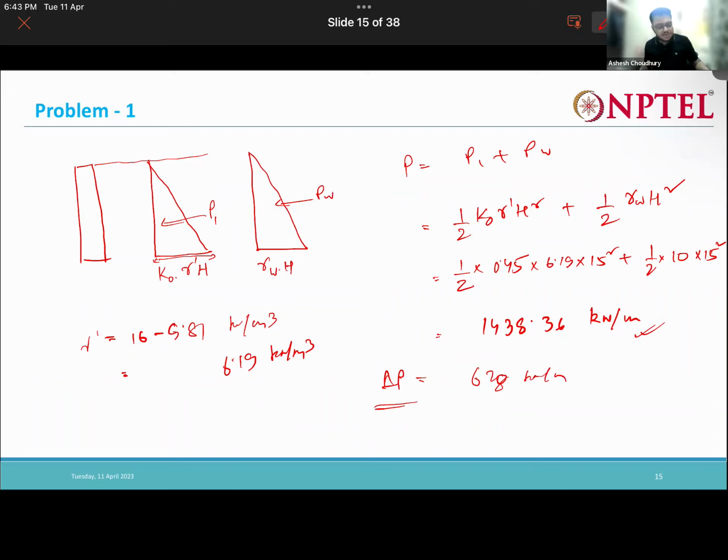So see, due to water, our earth pressure is increasing by about 600 kilonewton. So water is very, very dangerous.